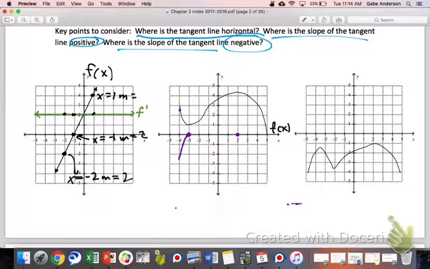How about right here? What would you estimate the slope there to be? -2-ish. Certainly a bigger number than -3, right? How about like right in there? -1. And then, of course, we get to right about that point right there, and that's where f prime is 0.